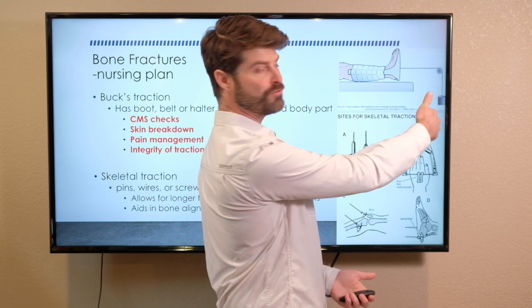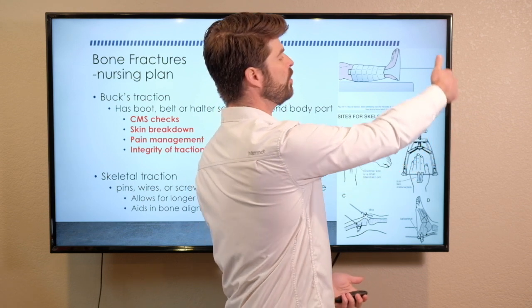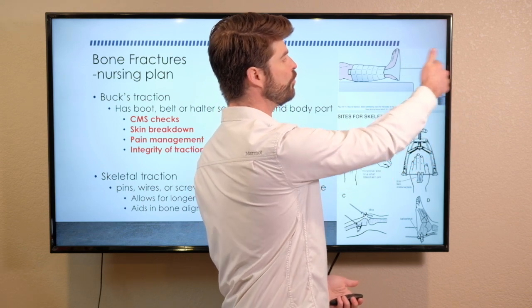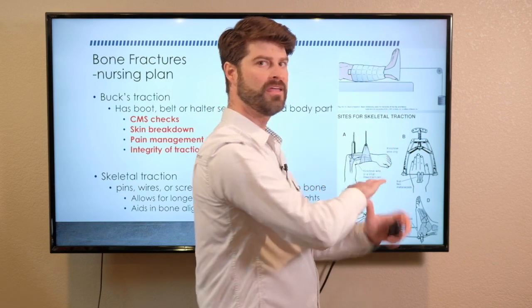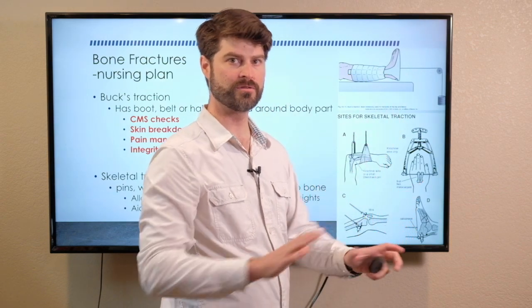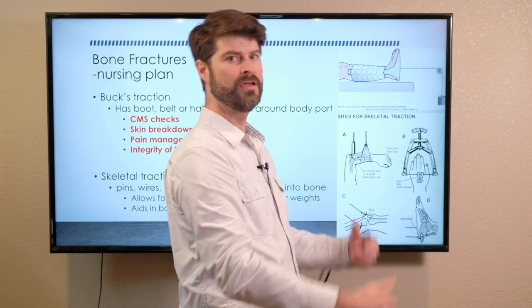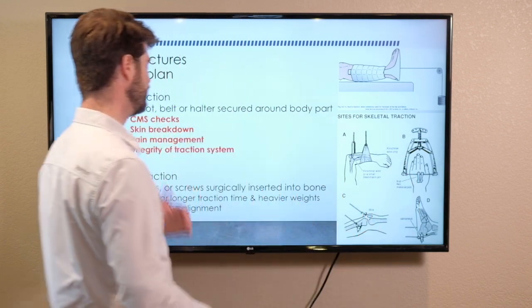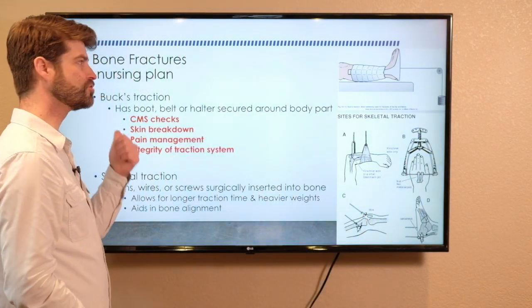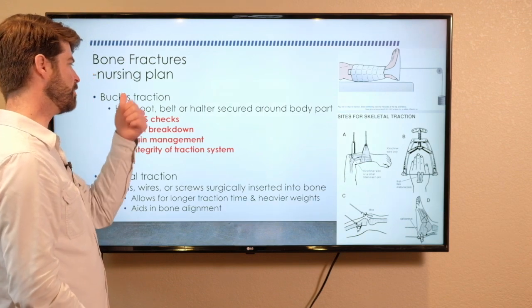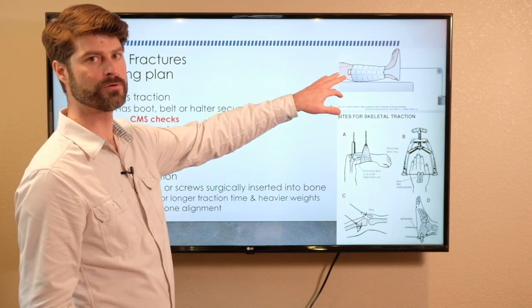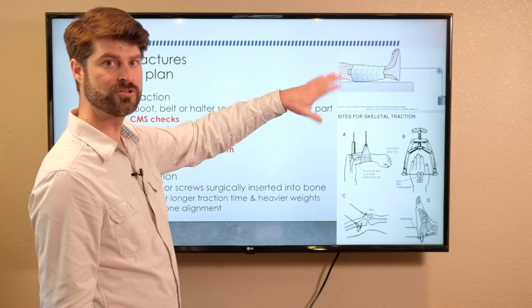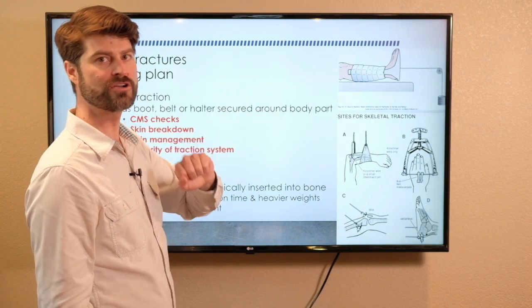They need to be hanging freely in the air. And the rope that's attaching the weight to the boot component can't have anything resting on it. So that whole system needs to be open and free from obstruction in order to properly apply Buck's traction. And really important, with Buck's traction, nothing's attached to the bone. It's all a skin and superficial tissue type of traction.